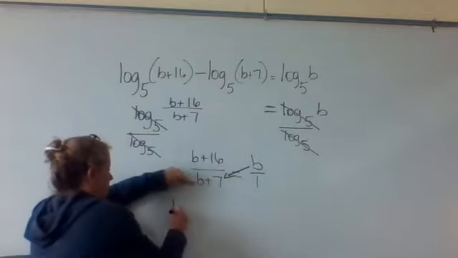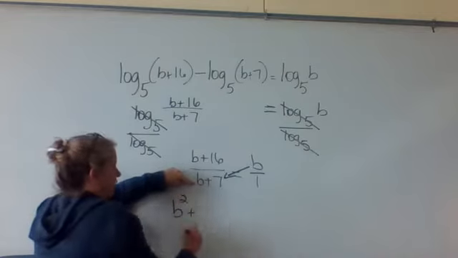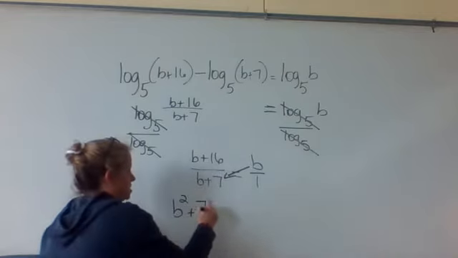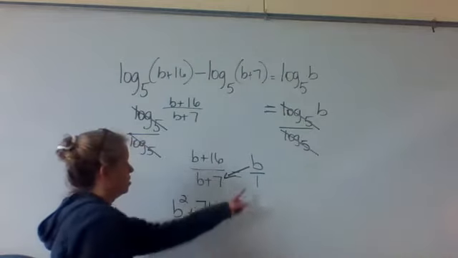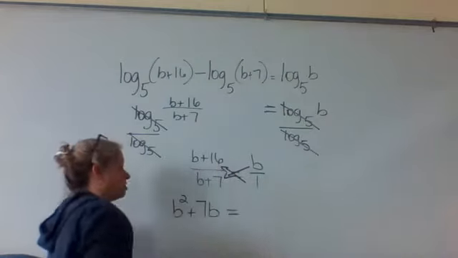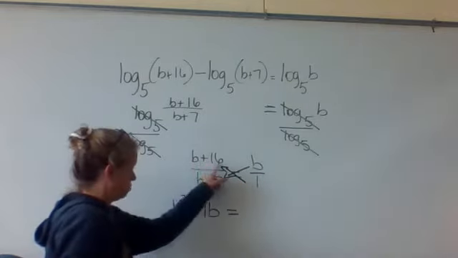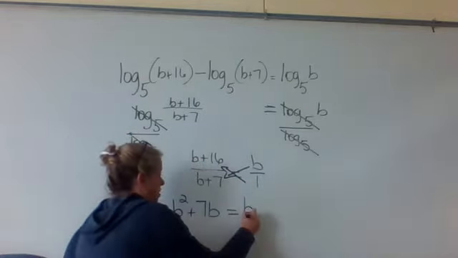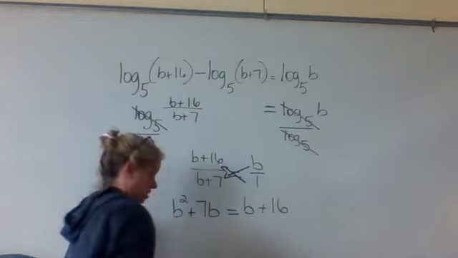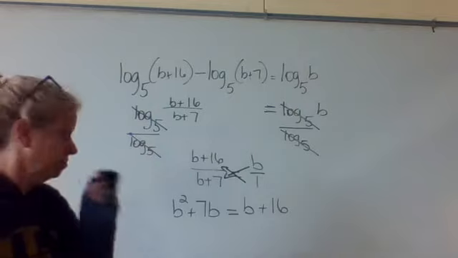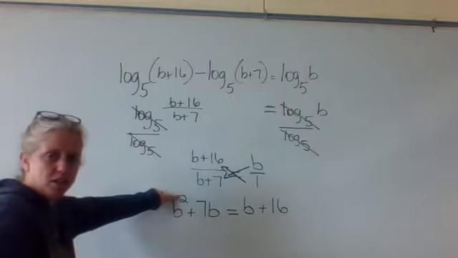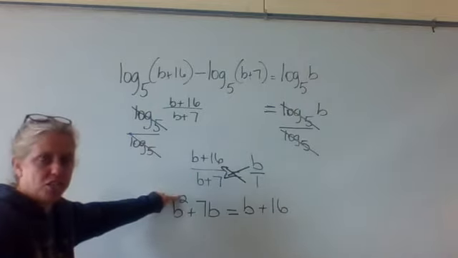So b times b gives me b squared plus b times 7 is 7b equals, do the 1 to both of those. Multiplying these times 1 doesn't change them, so I have b plus 16 squared.